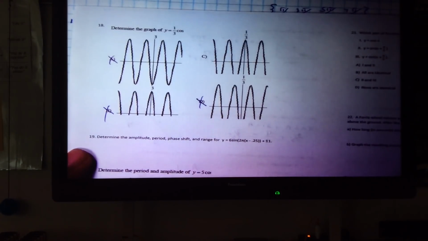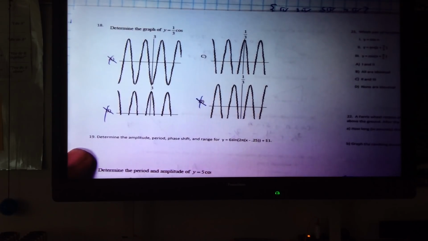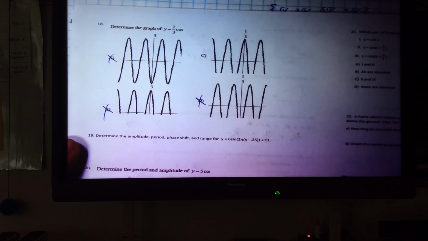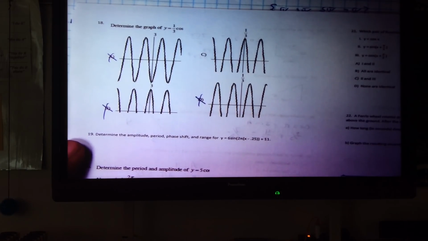Now, number 19 is what we were doing on the warm-up today. The amplitude is what? Six. And what's the period?